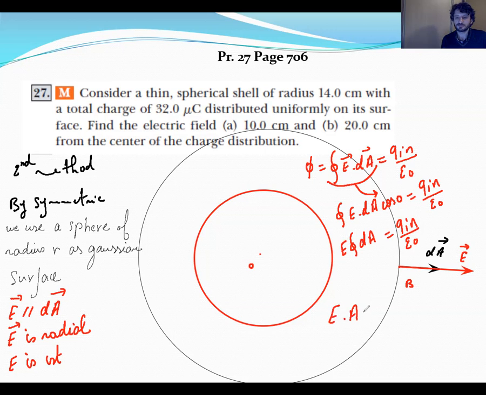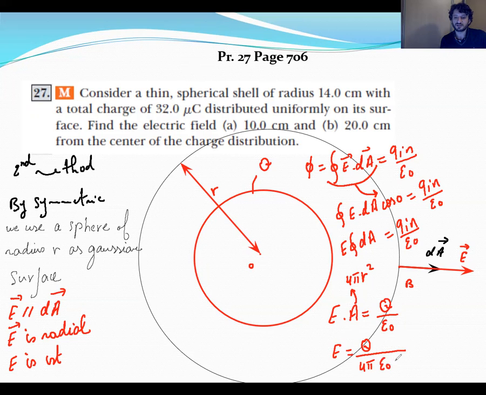So E A equals Qn over epsilon. Qn is the charge inside the Gaussian surface, which equals the total Q. Here, the total Q is inside the Gaussian surface. The area of the Gaussian surface equals 4 pi r squared, because this sphere has a radius equal to small r. So E equals Q divided by 4 pi epsilon 0 r squared.